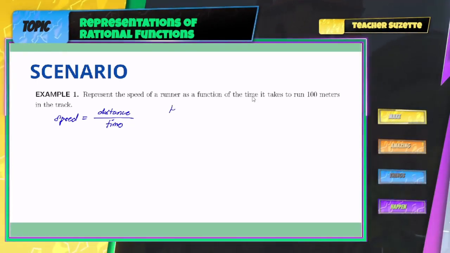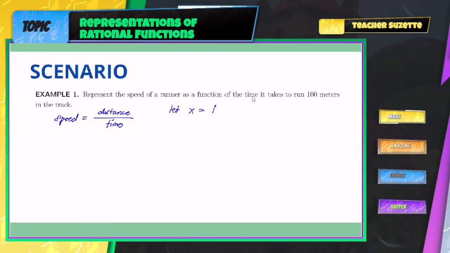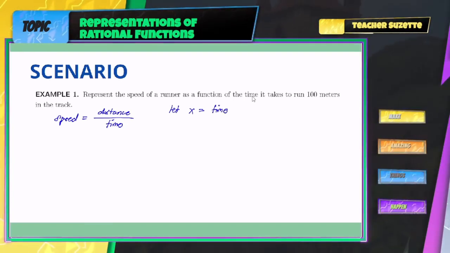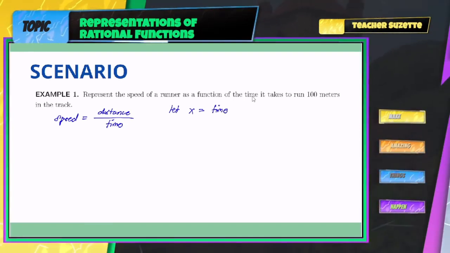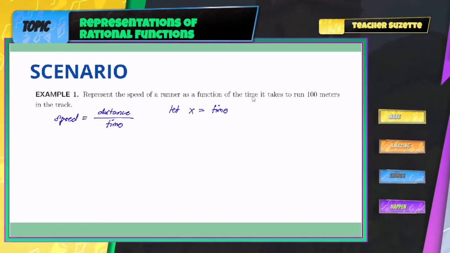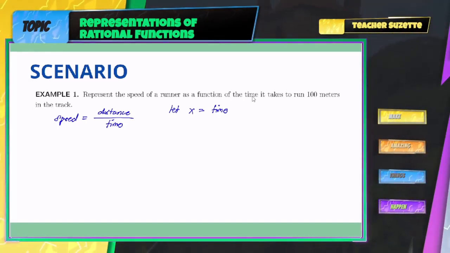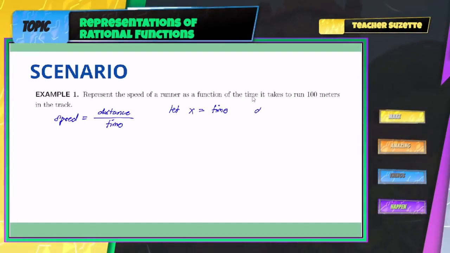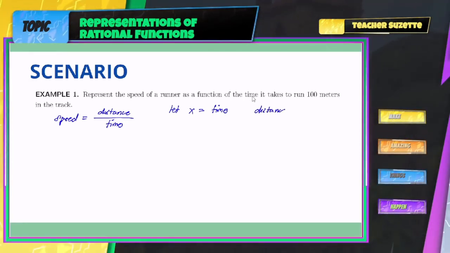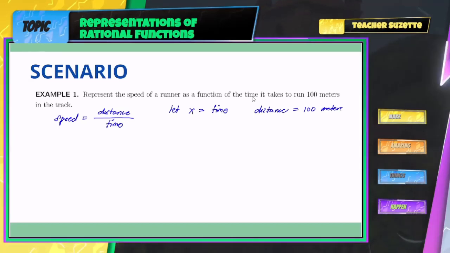So we let x be the time it takes to run the 100 meters. So our x now will be our time. Based on the problem, we have a given, right? Meron tayong distance na 100 meters.